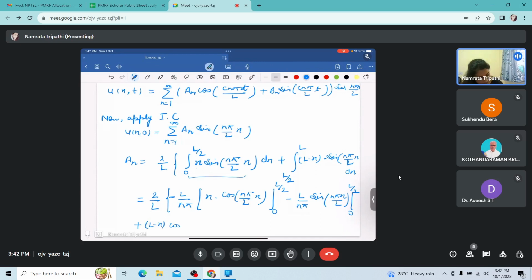So this is the whole multiplication, from L by 2 to L, plus L upon pi n. You can check the integration by yourself. Fine. So this is the integration for the second term.